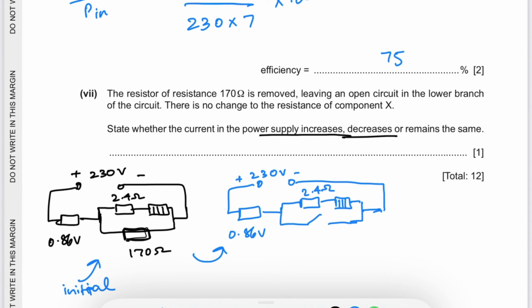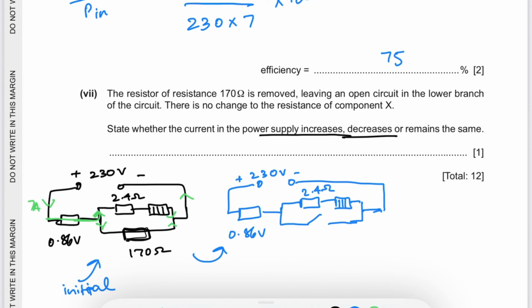As you can see, this will leave an incomplete pathway, almost like an open switch in the lower branch. What that means is all of the current will now be directed through the upper branch. Let's imagine the total current of 7 amperes would have flowed through the 0.86 ohm resistor and then split at this junction, and then combined once again at this junction and flowed back to the power supply.